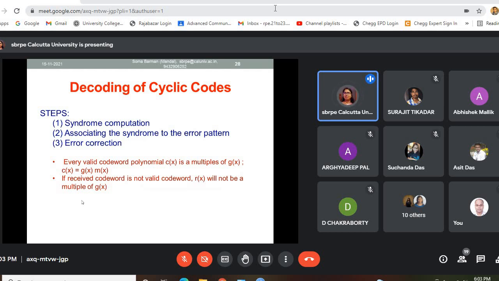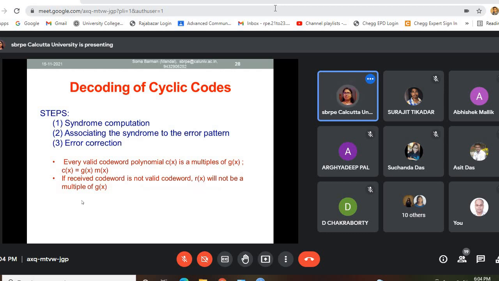And for the systematic generation of the cyclic code, and non-systematic also, every valid code word polynomial C(x) is a multiple of G(x).